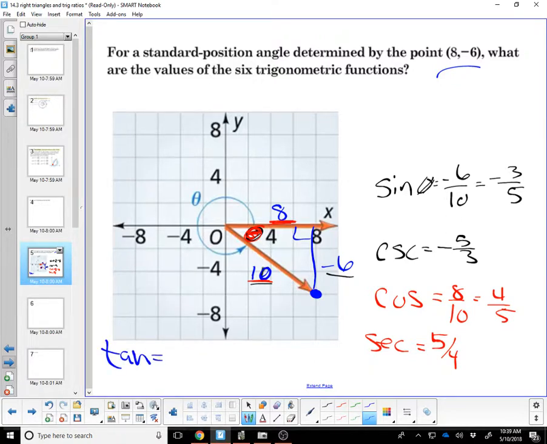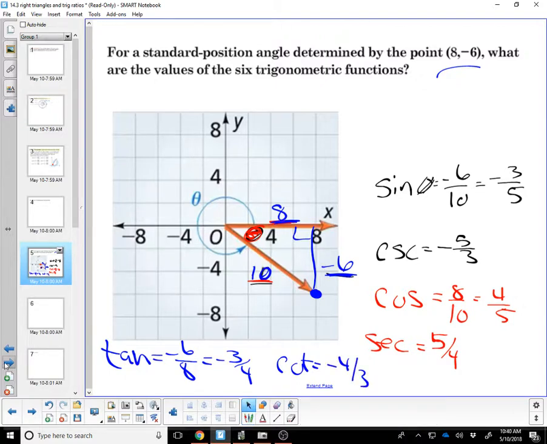Tangent is opposite over adjacent. So that is negative 6 over 8, which simplifies to negative 3/4. Which means that the cotangent is the reciprocal of that, making it negative 4/3. And we're done.